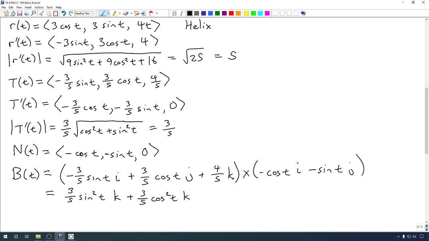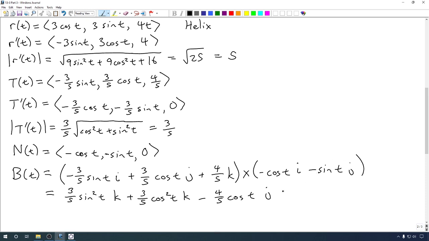And then we take the 4/5 k times both of these. So really we're putting 4/5 in front of both of those. We just have to figure out what the vectors are. So k crossed with i, that's the correct direction. We get a positive j, but we have a negative there, so minus 4/5 cosine t j. And then finally, k crossed with j is the wrong direction, so we get a negative i.